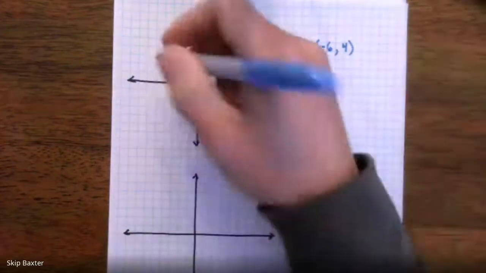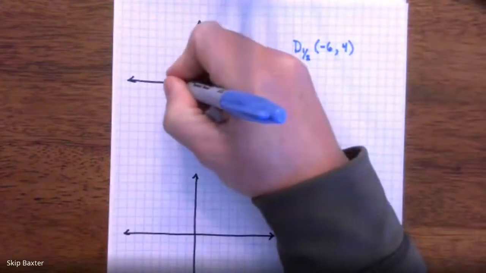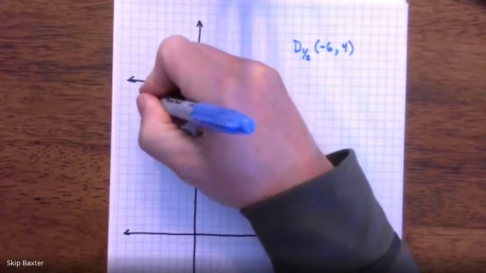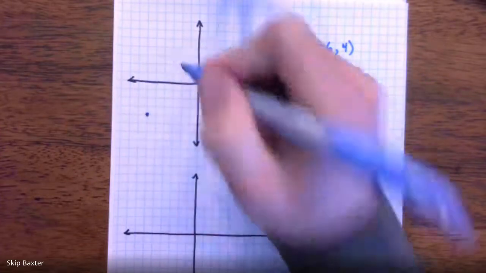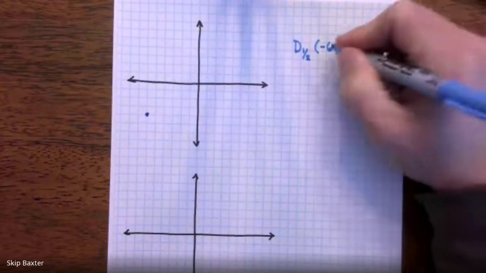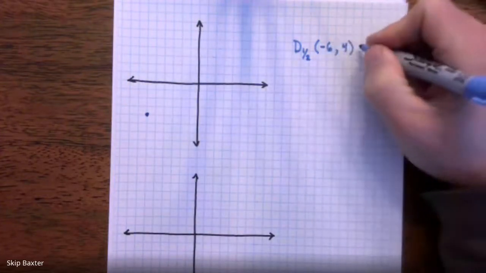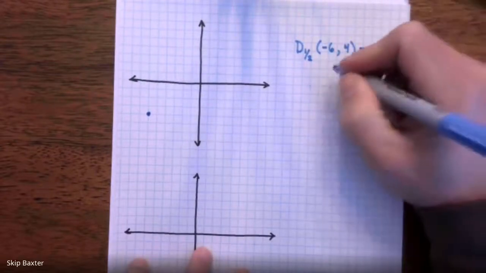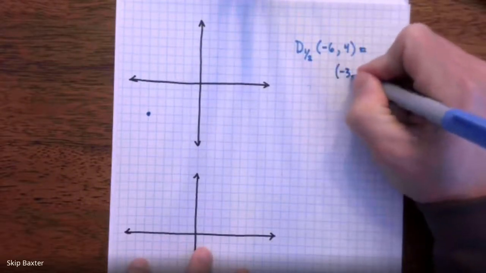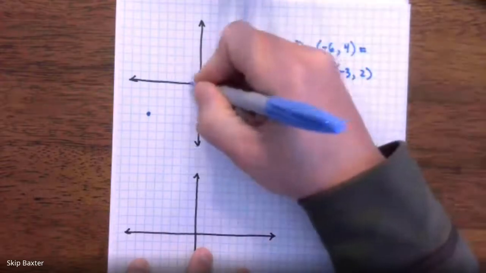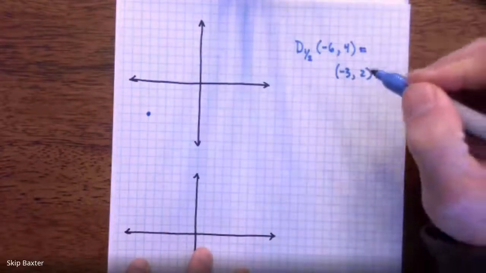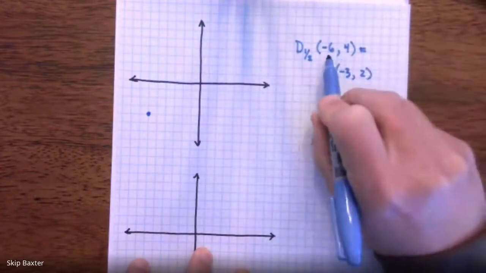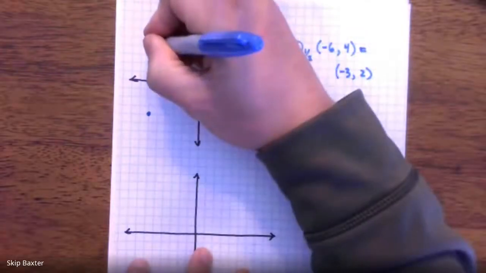Okay, if I start at (-6, 4), 1, 2, 3, 4, 5, 6, and 4 up, right there, and the dilation scale factor is 1/2, that means I'm going to multiply each of these coordinates by 1/2, right? So I'm going to get (-3, 2). Whoops, (-6, 4) is actually up here.